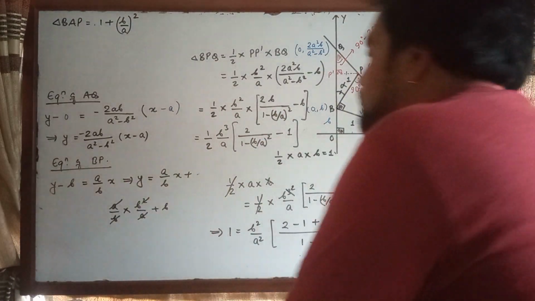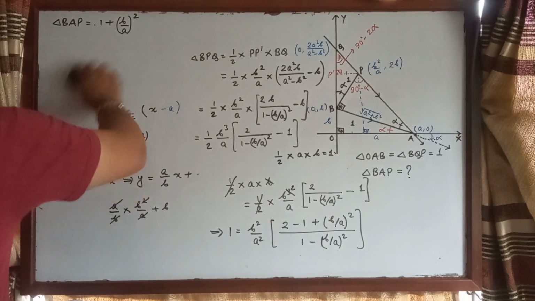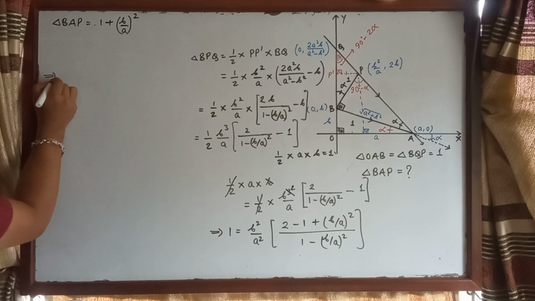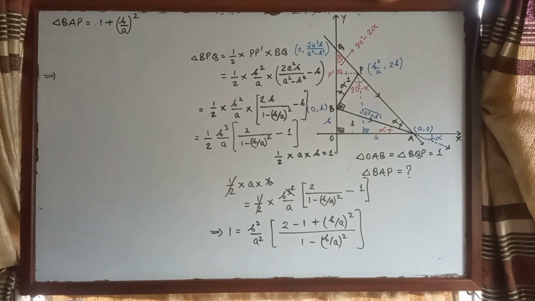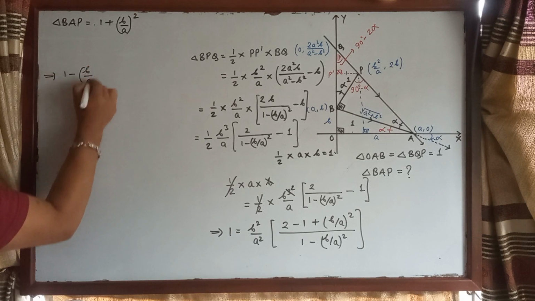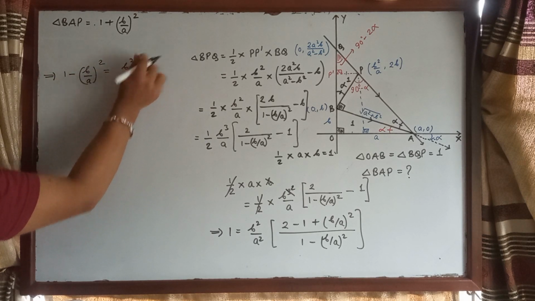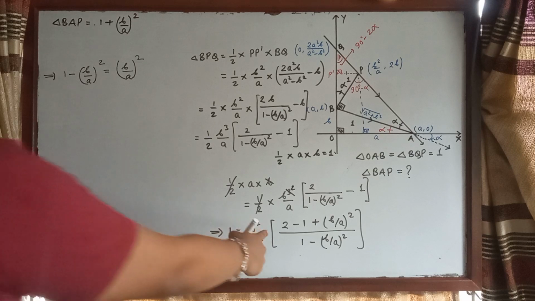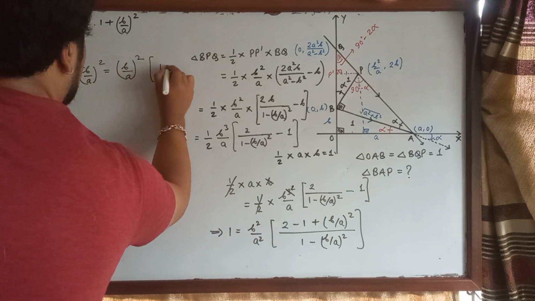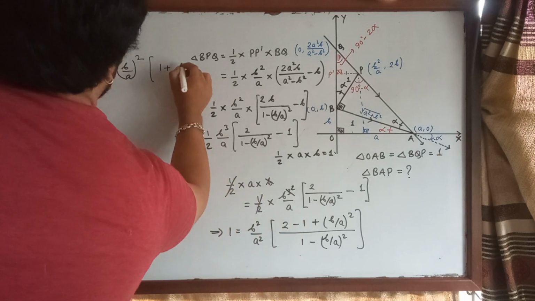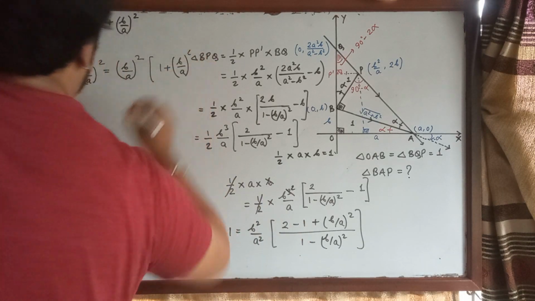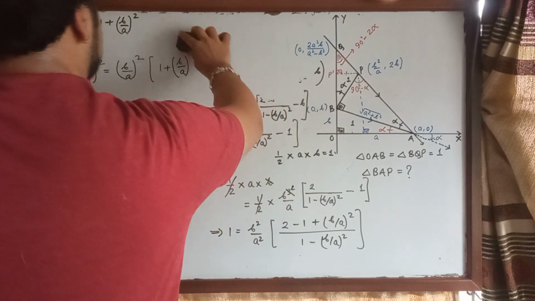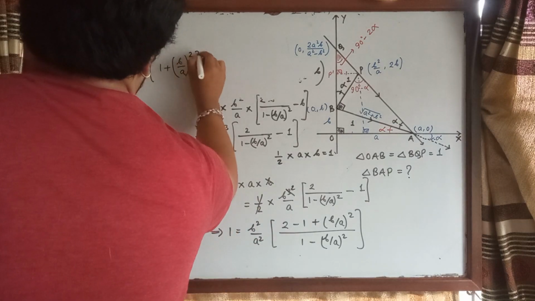Now if we take this part to the left hand side, 1 minus b over a squared is equal to b over a squared times 1 plus b over a squared, something like this.